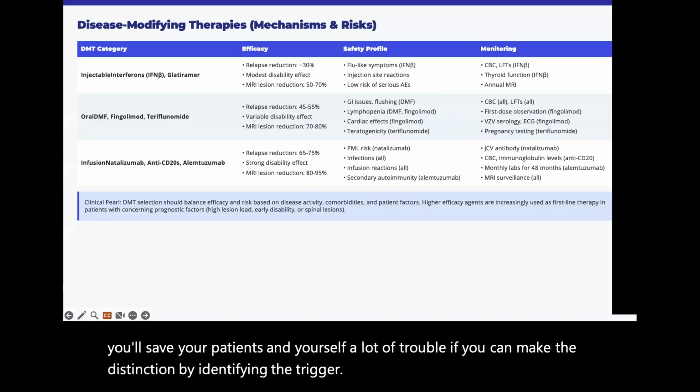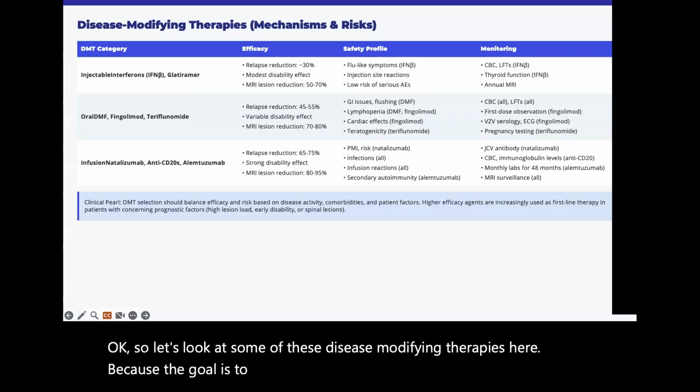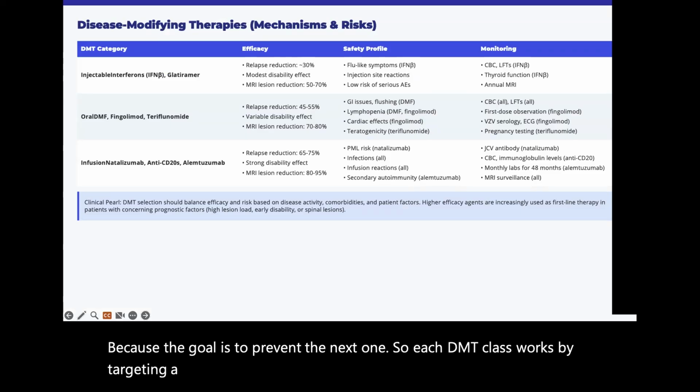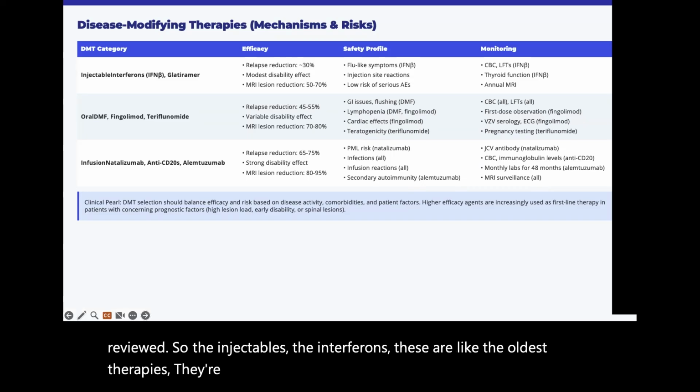Okay, so let's look at some of these disease-modifying therapies here, because the goal is to prevent the next relapse. Each DMT class works by targeting a different point in the inflammation cascade that we previously reviewed. The injectables, the interferons, are the oldest therapies. They're safe, with modest potency.